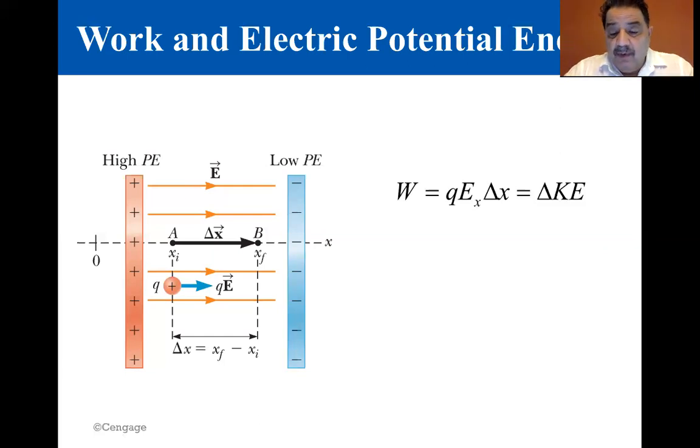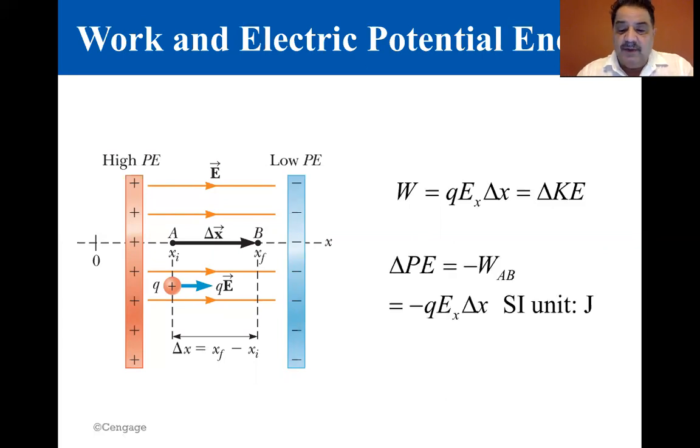As you remember, the work done by a conservative force can be reinterpreted as the negative of the change in the potential energy associated with the force. So the change in the electric potential energy of a system consisting of an object of charge Q moving through a displacement delta x in a constant electric field is given by the equation here.